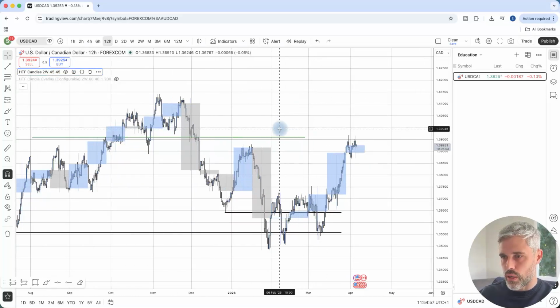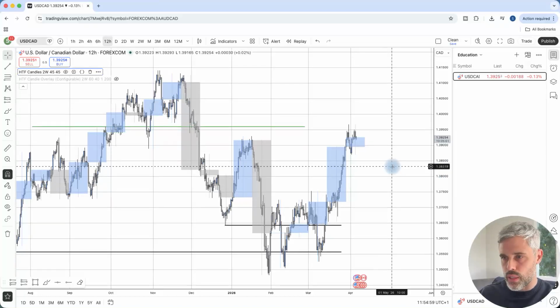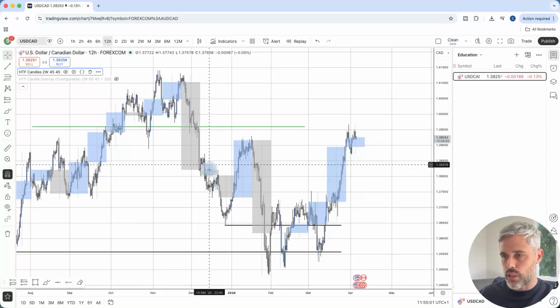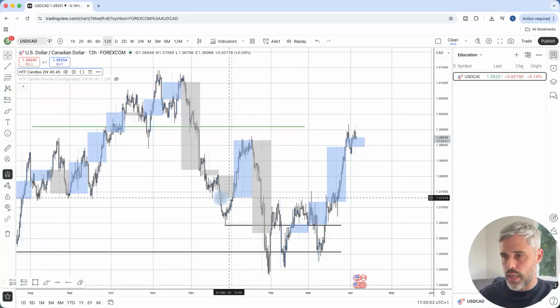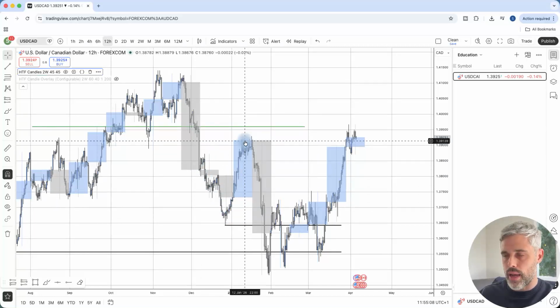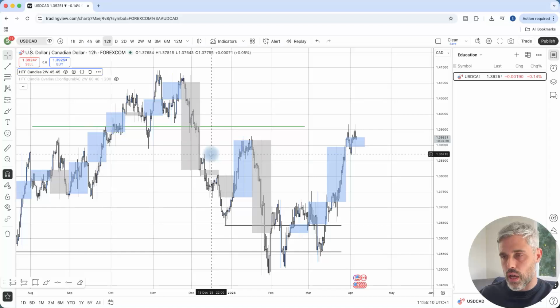Now we go to the 2-week, and what we see here is an opposing AMD. Accumulation, price sweeps below, closes inside the previous 2-week range. We then see the countertrend AMD. Price runs into the high of the accumulation target on the 2-week time frame and closes above. This creates conflict.